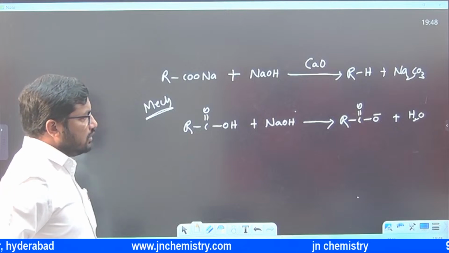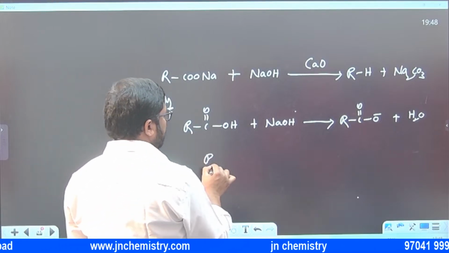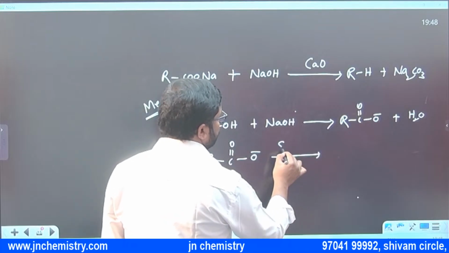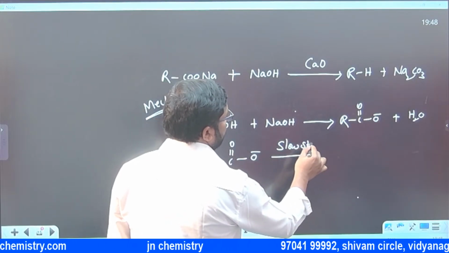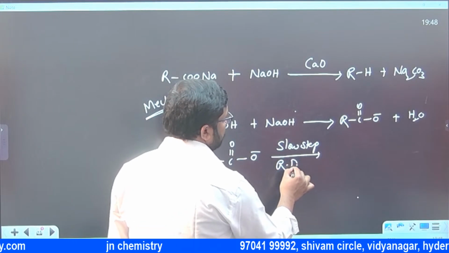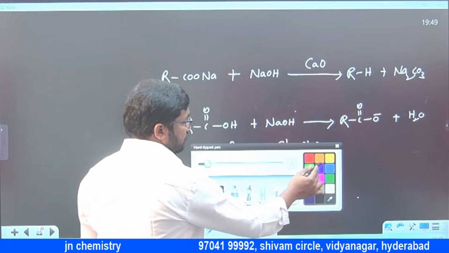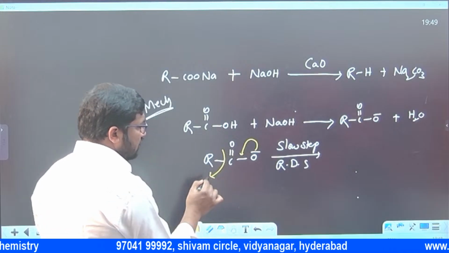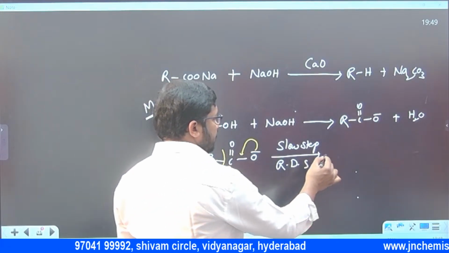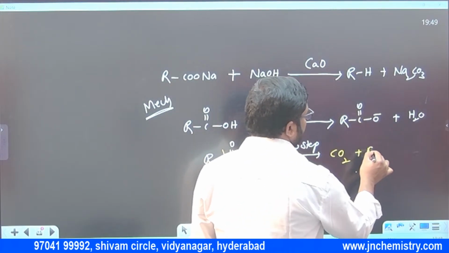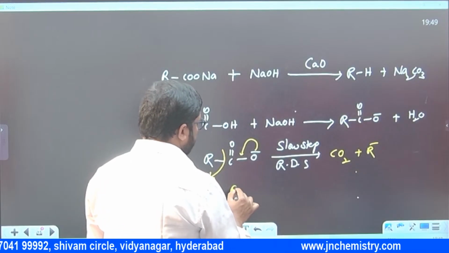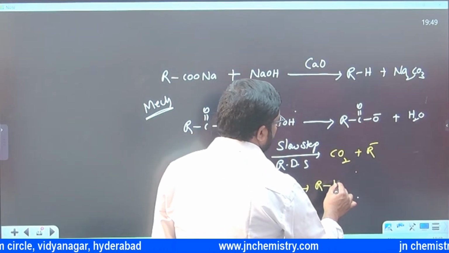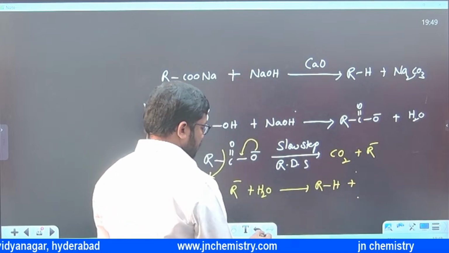In the second step, this is the slow step, the rate determining step. So R minus goes out, and we get CO2 plus R minus. This R minus plus H2O gives RH, alkane, plus OH minus going out.